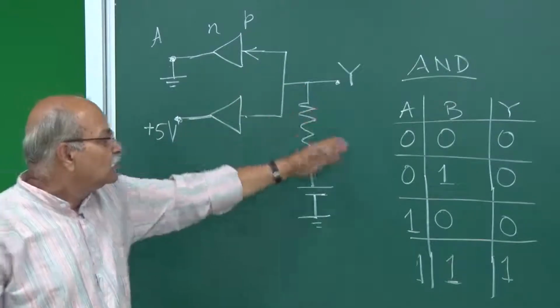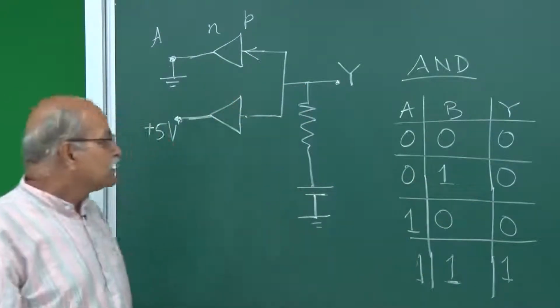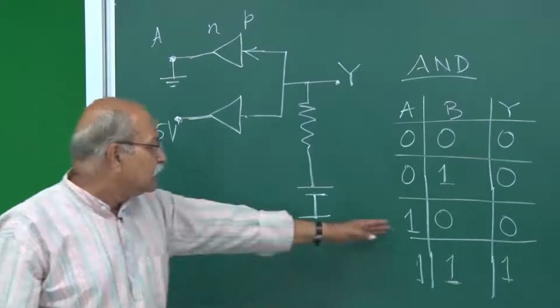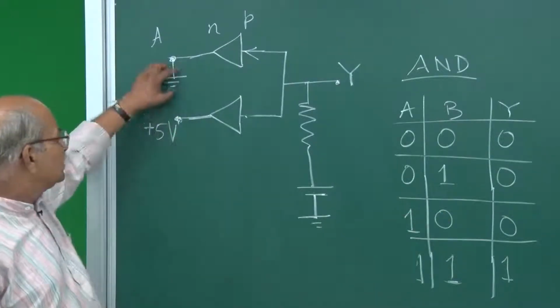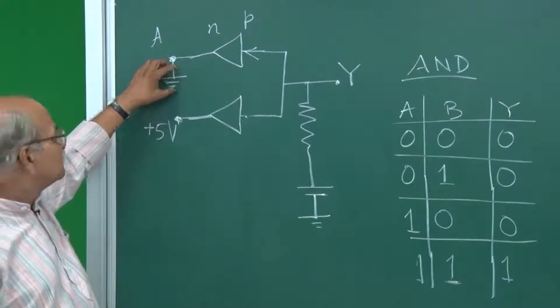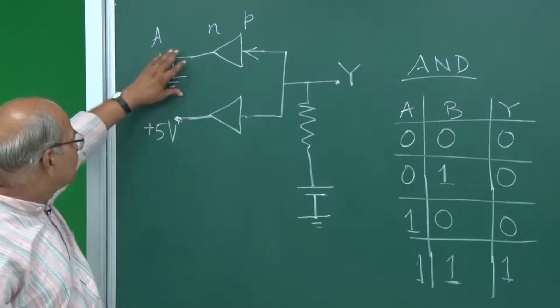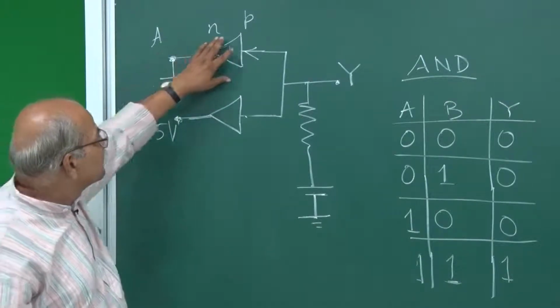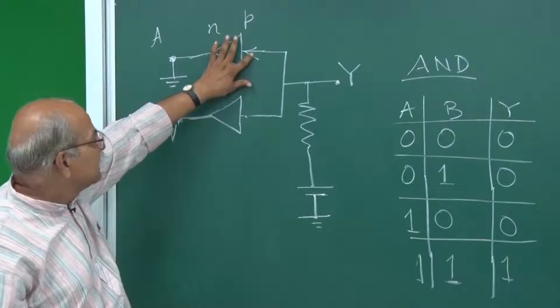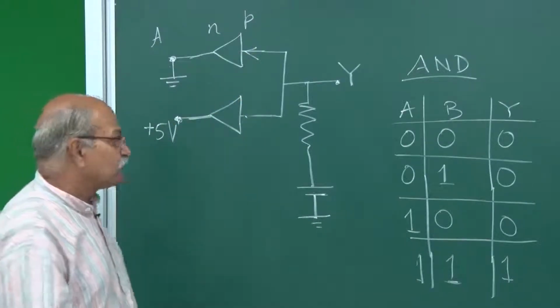So this is low. And similarly, if A is 1 and B is 0, then this will be 0. You are only swapping these two, put 5 volt here, put 0 volt here. Then this will be reverse biased, no current from here, and the current will be only from here.